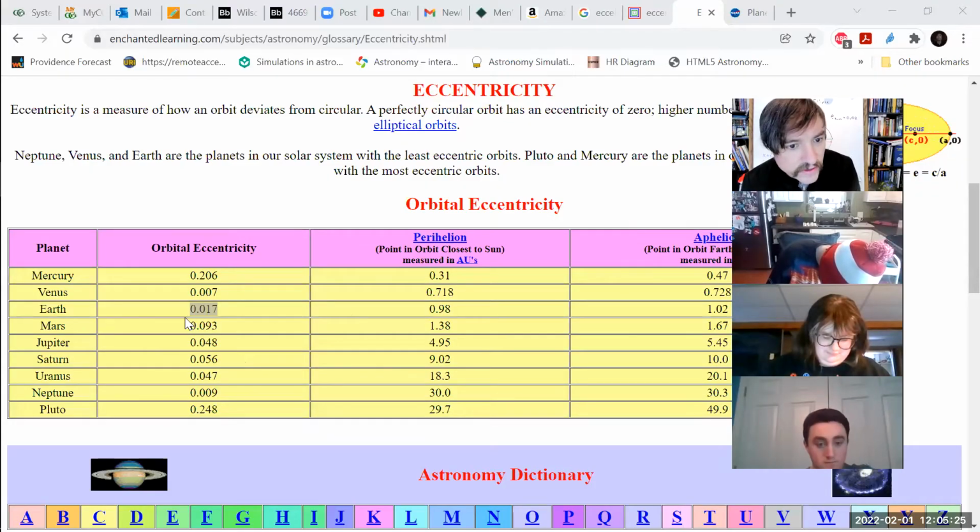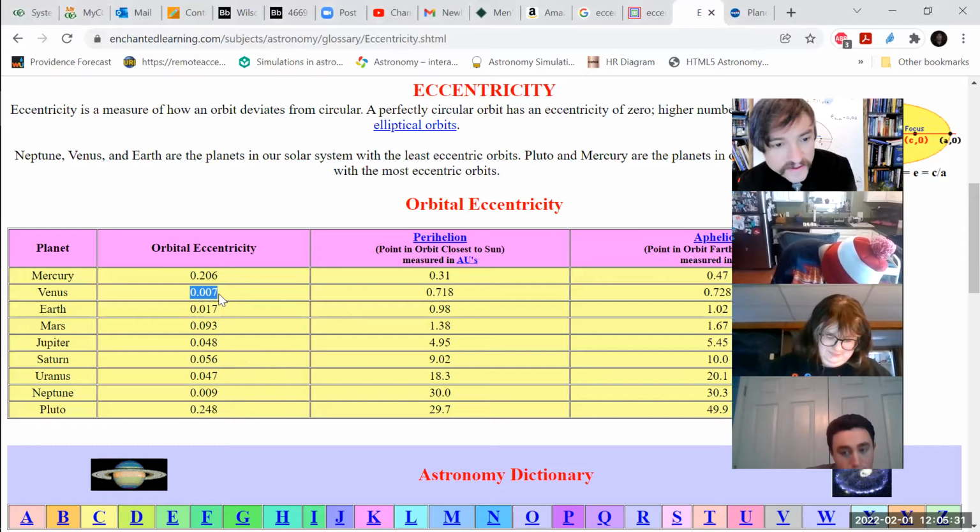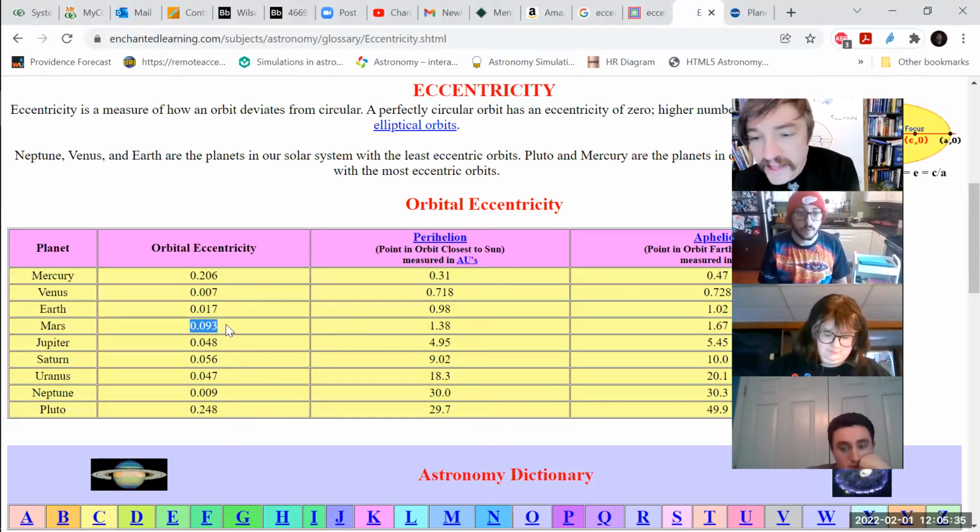On the other hand, let's look at some of the others. Venus is 0.007. That's almost perfectly circular. Mars is actually a little bit more eccentric than the average planet in our solar system. At 9% eccentricity, you're still quite circular, but there's a little bit more squish there.